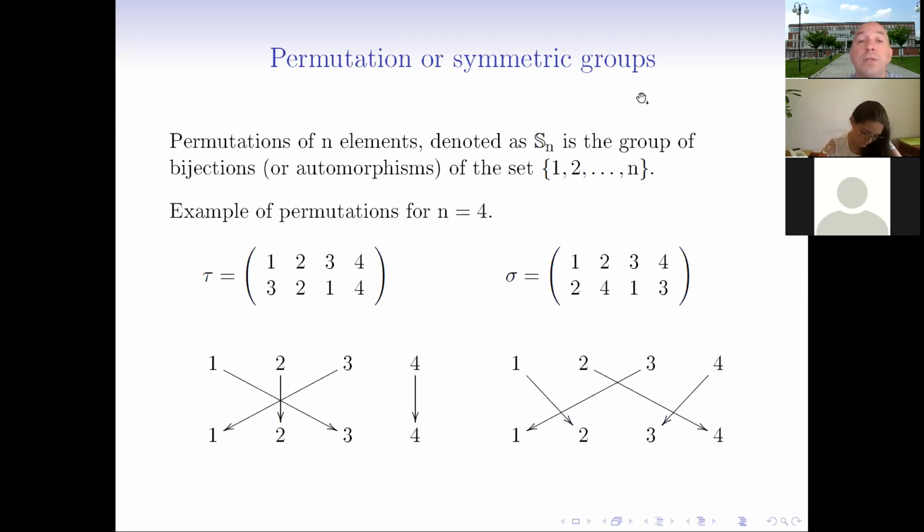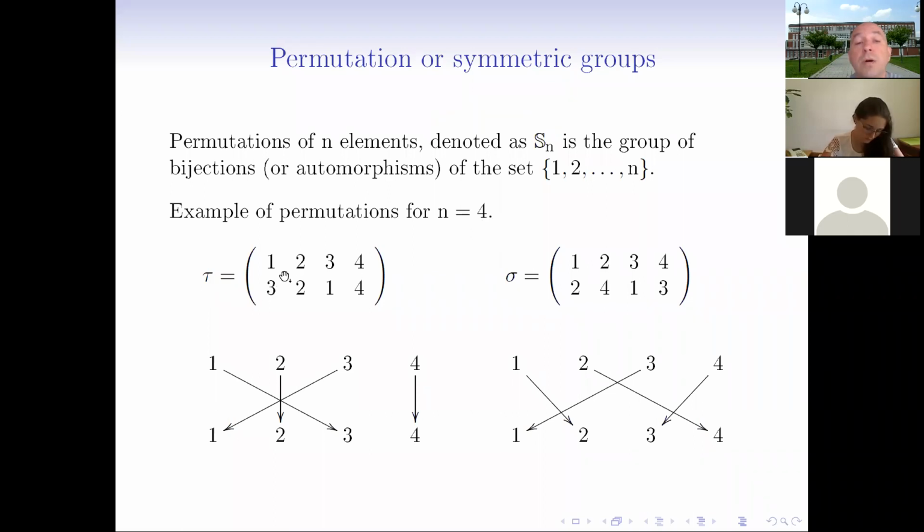And now I will repeat a few slides from the previous talk from yesterday. So permutations of n elements, which we denote by Sn, is the group of bijections or automorphisms of the set, better to say, of the ordered set 1, 2, and so on, n. So here are examples of permutations for n equals 4.